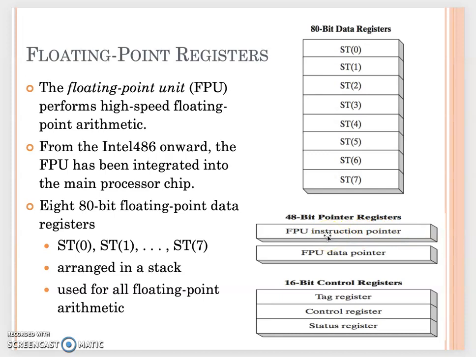You have multiple floating point instructions, so we need to use the floating point instruction pointer to point to the next instruction we need to work on. Then you have the data pointer as well. Then you have the control register. They have the tag register, control register, and the status register.